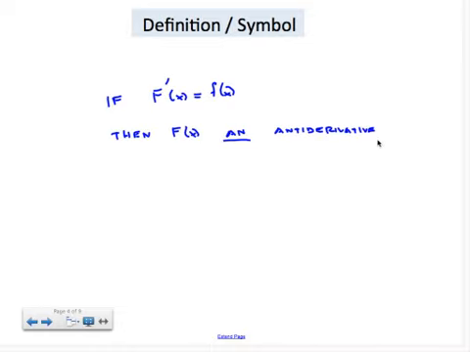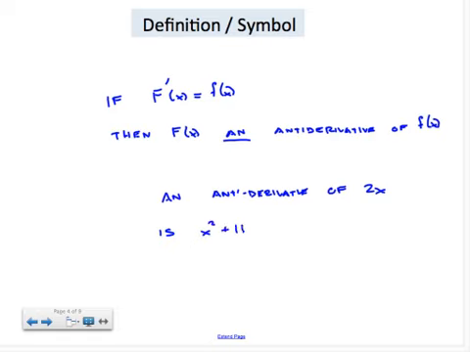I'm not anti derivatives. It's an antiderivative, which means I am undoing the process of differentiation to get from lowercase f to uppercase f. So I could say an antiderivative of 2x is x squared plus 11.